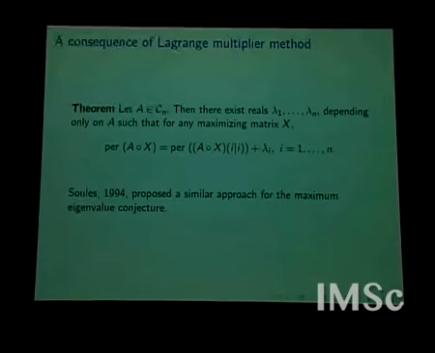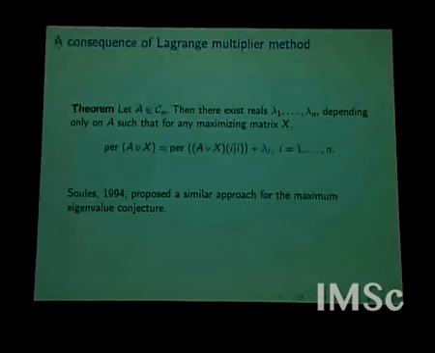So here there exist reals depending only on A, such that for any maximizing matrix, this inequality holds. So the hope is that one can work further with these inequalities and get some idea about the maximizing matrix X. This is also in line with what Schur had proposed, a similar approach.